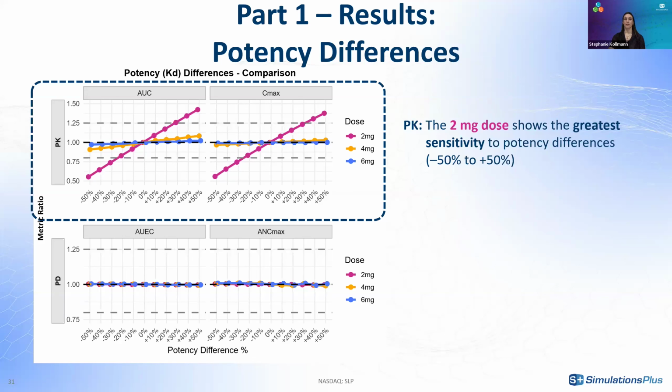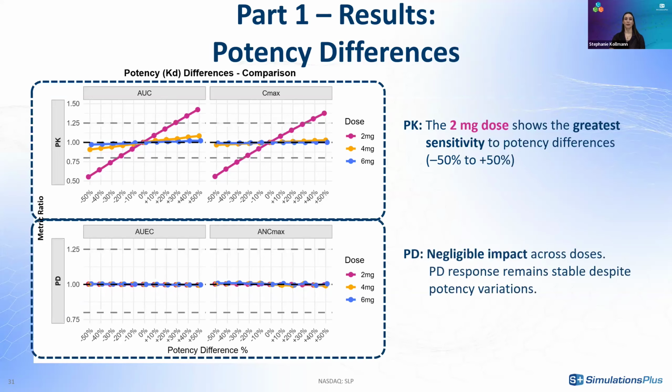At low doses, the receptor-mediated binding dominates drug elimination. The PD remains unaffected across all those groups, reinforcing that the ANC feedback mechanism dampens pharmacodynamic variability, even when PK changes are evident.